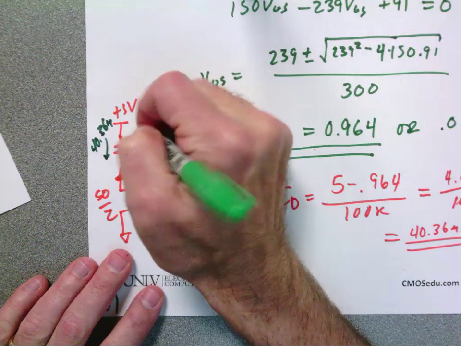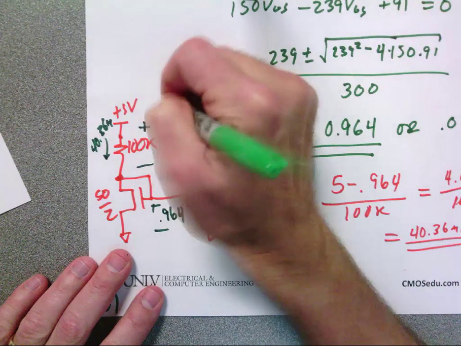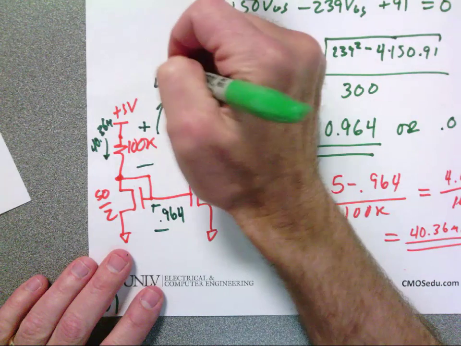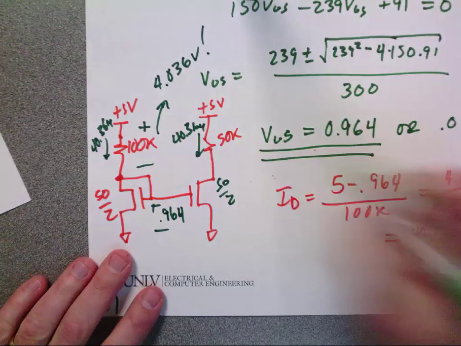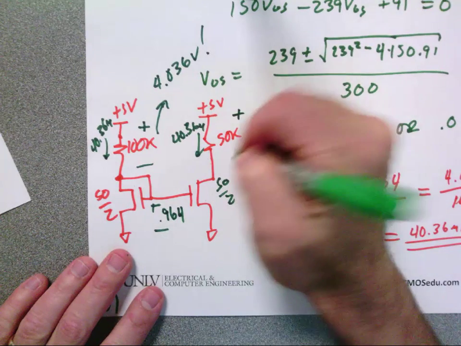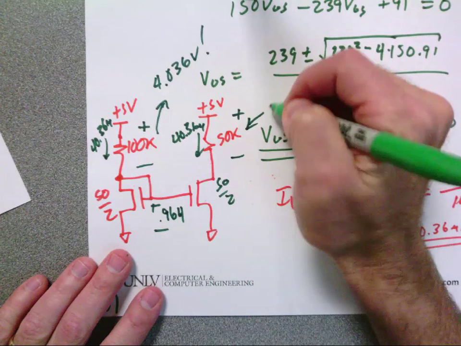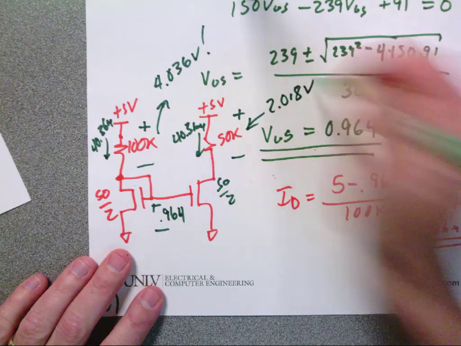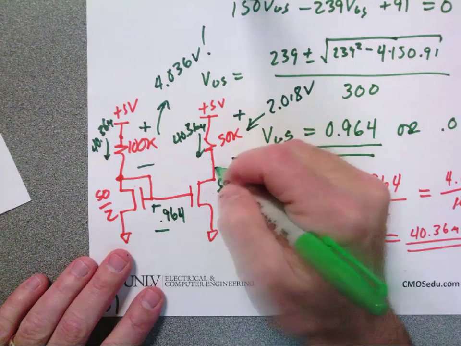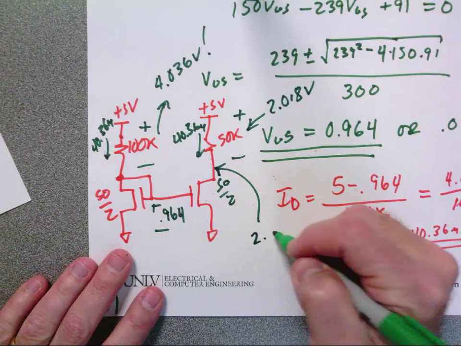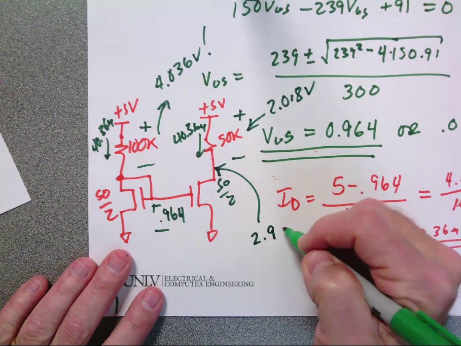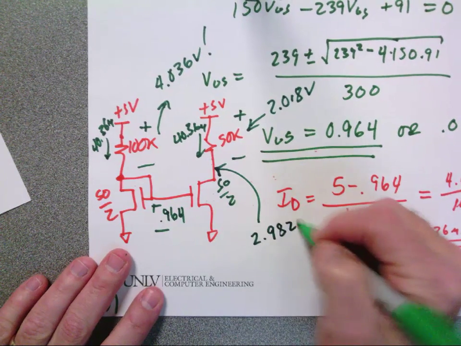What's the voltage drop from here to here? What's the voltage drop from here to here? What's the voltage there? 982, if I did the math right.